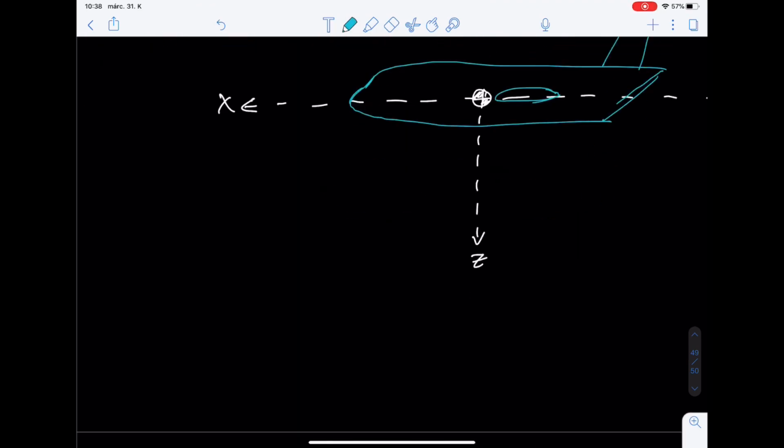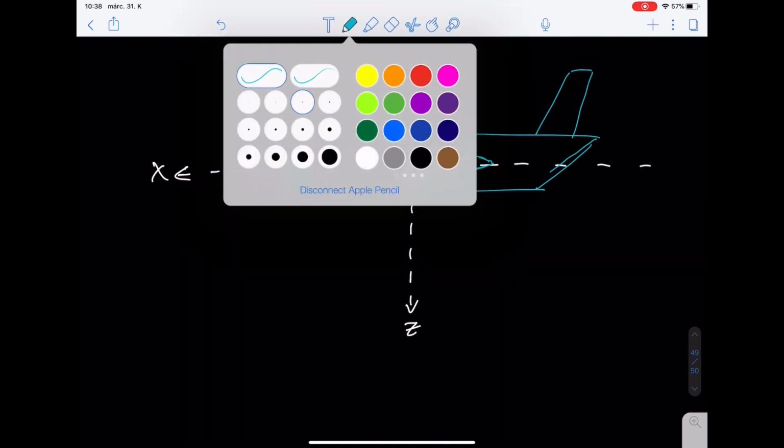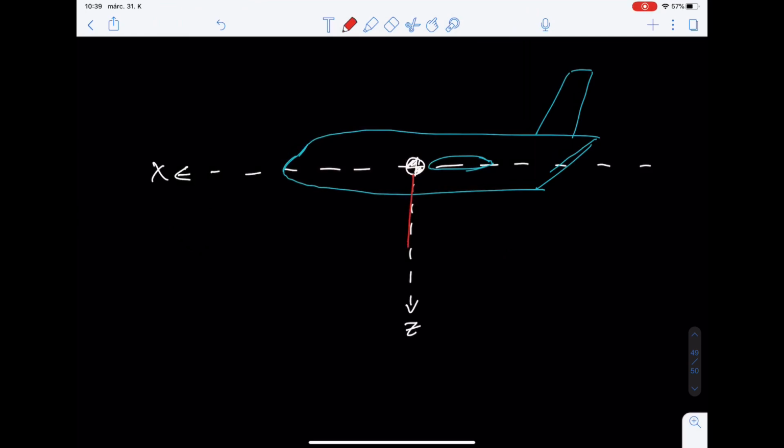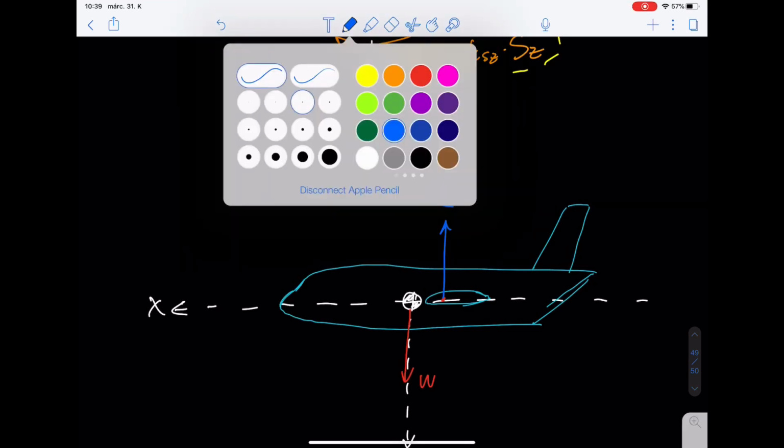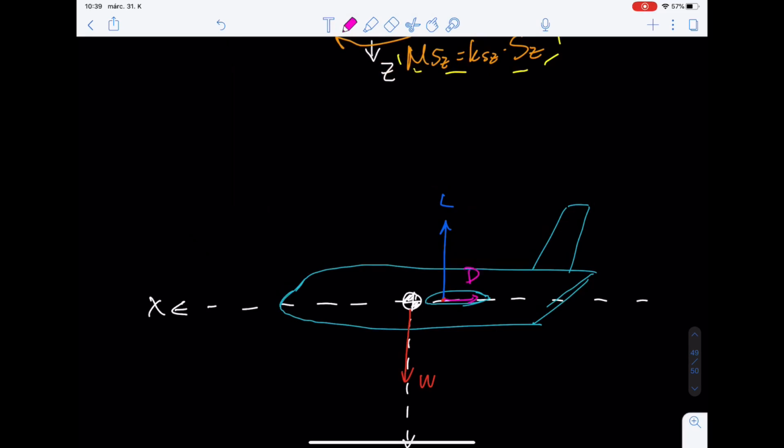Okay, so we had the weight. Here we had the center of pressure, so we had the lift. We had the drag, and in the center of pressure of the stabilizer up here, we had the stabilizer force.